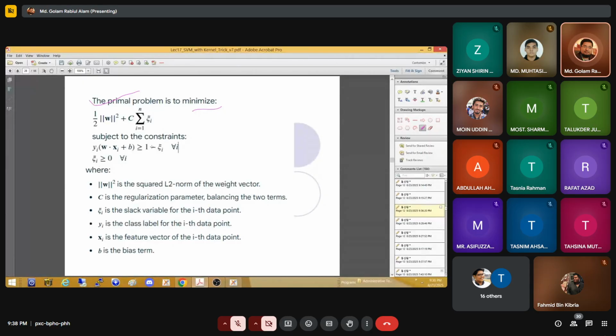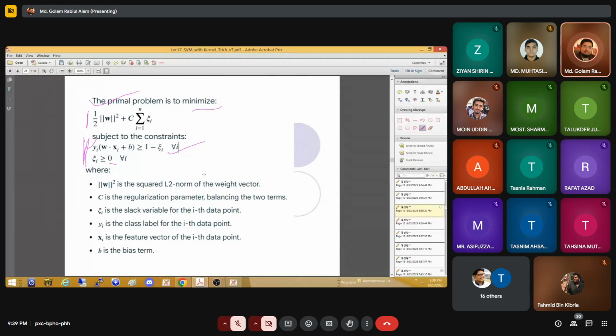They are subject to the constraints: y i times (W transpose x i plus b) is greater than or equal to 1 minus xi i, and the value of xi i must be greater than or equal to 0. So now this is the objective function and these are the constraints.